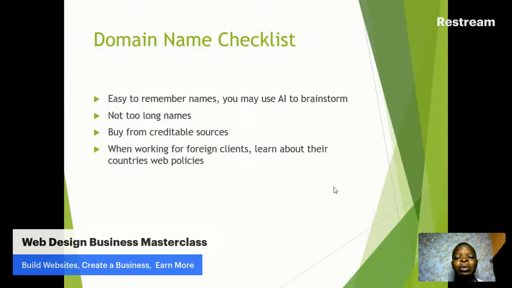So let me now tell you, we have different types of domain names. I will not go deep into technicalities, but I just want to give you an example of it. We have the .com. .com means commercial. We have .com.ng, which means commercial in Nigeria. We have .org, which means organization. When you are designing for a business, you use .com. For an organization, you use .org. .org.ng means organization in Nigeria. We have .net, network, and we have .edu, education.